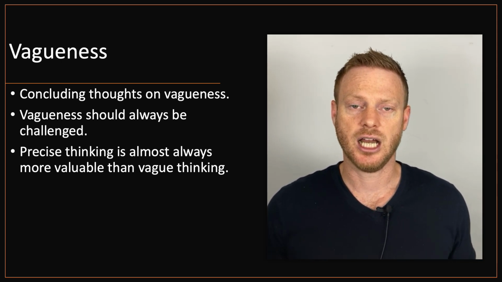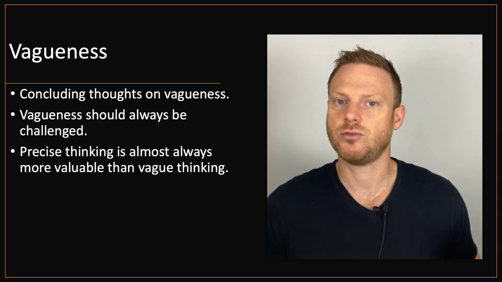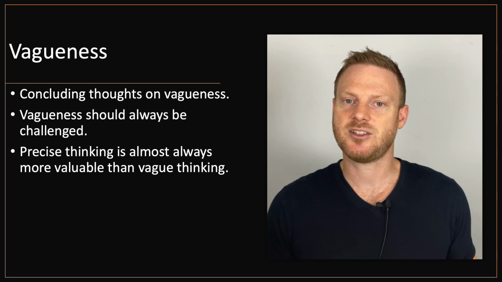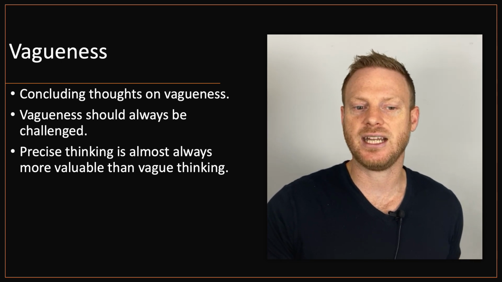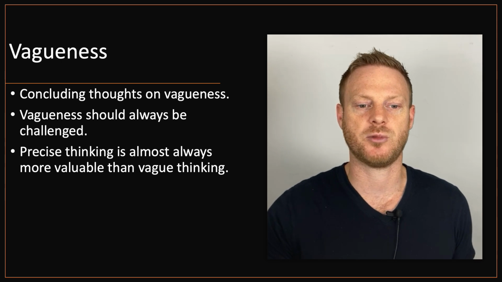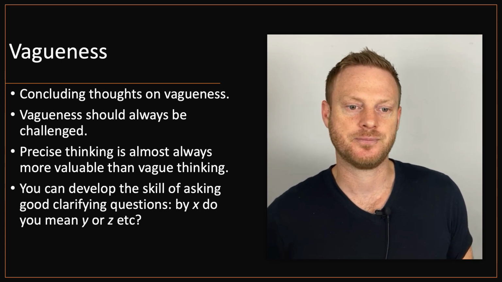That's fine, and that might be important to you. But when we're talking about, say, politics or religion or science, we want to be as clear as we can, because it's more helpful, right? Vagueness is not like a sin or anything like that, but we want to try to avoid it as much as possible when we are exercising critical thinking.